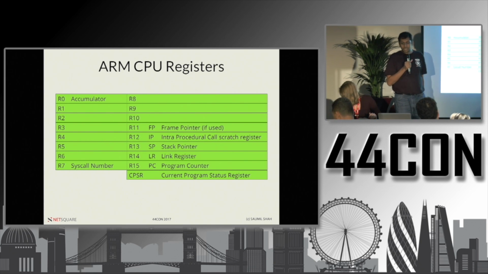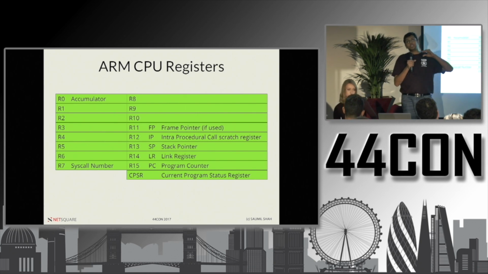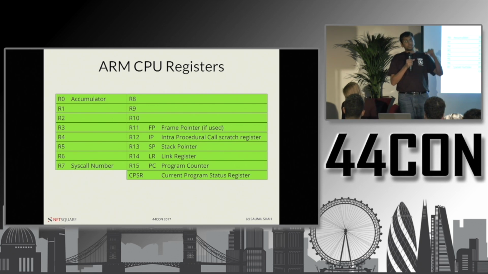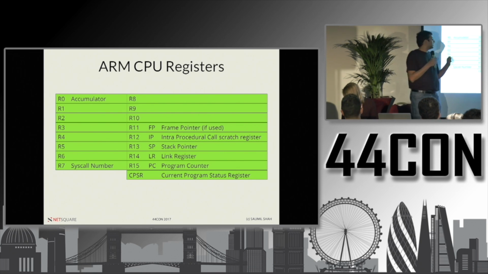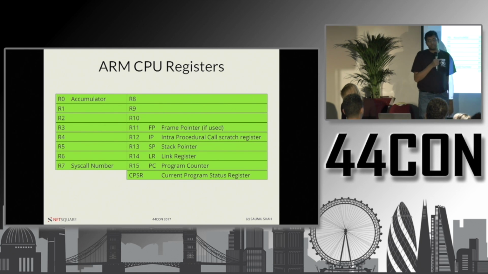So ARM is not that terrible, it will branch, but instead of the call instruction automatically pushing the return address on the stack, the branch with link instruction will save the program counter in a link register.